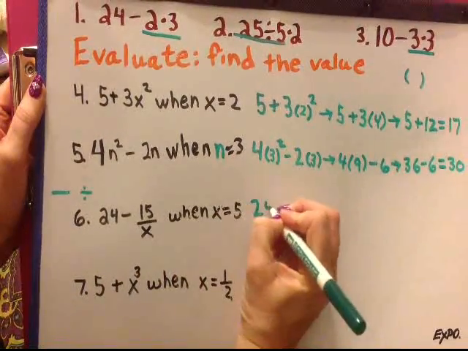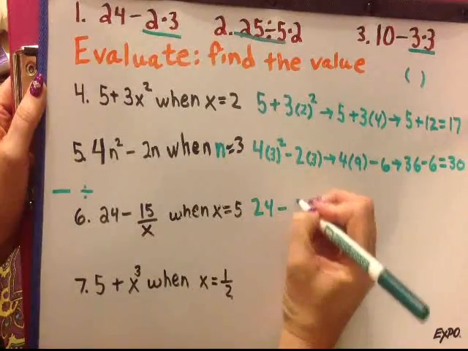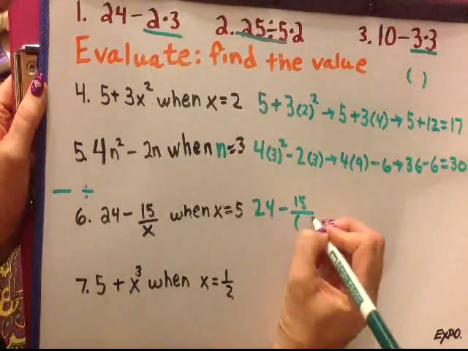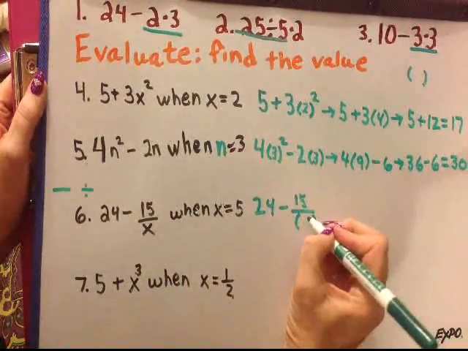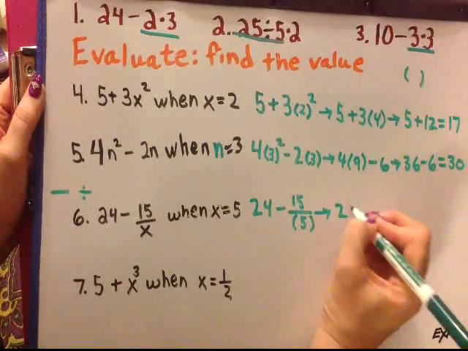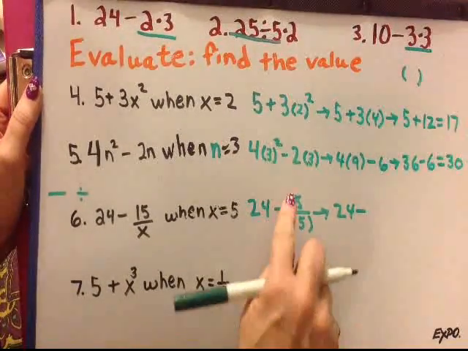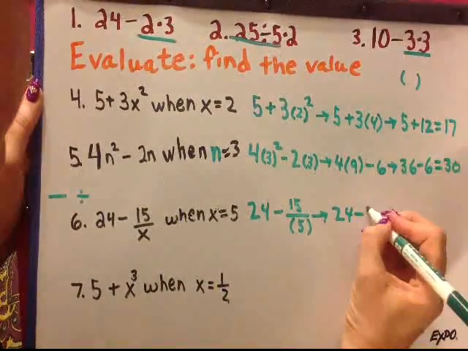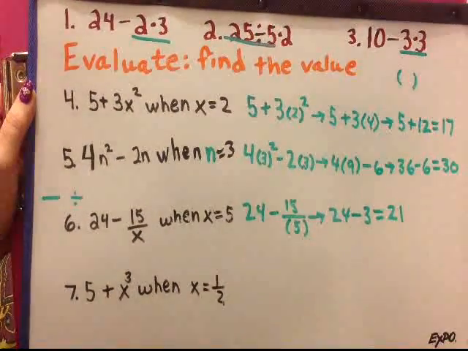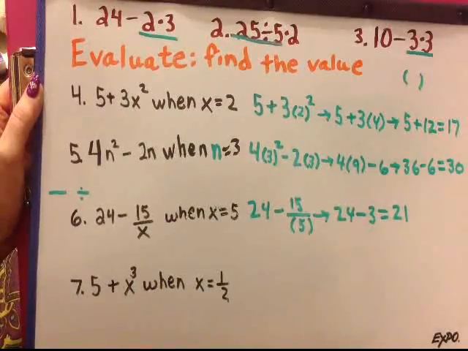So 24 minus 15 divided by, here's our parentheses, and we're going to put 5 in here. 24 minus 15 divided by 5 is 3, equals 21. Just one more to do.